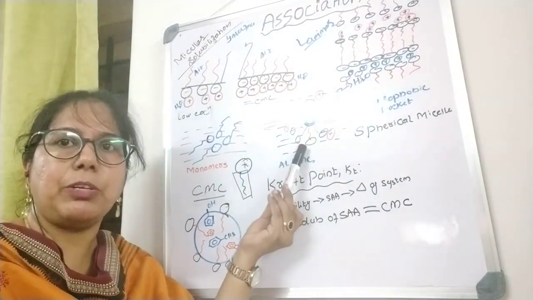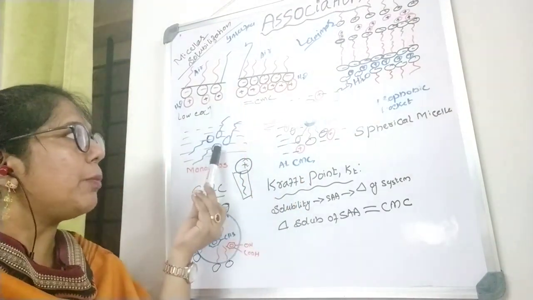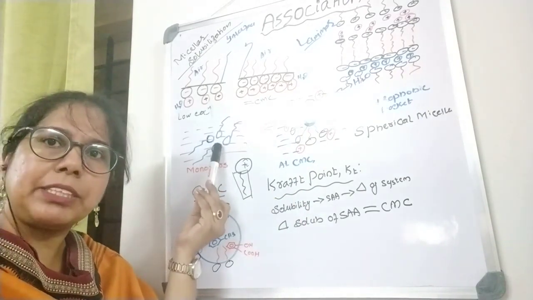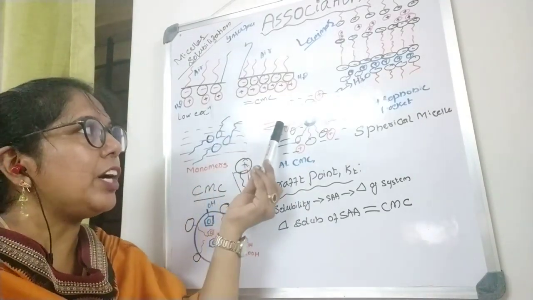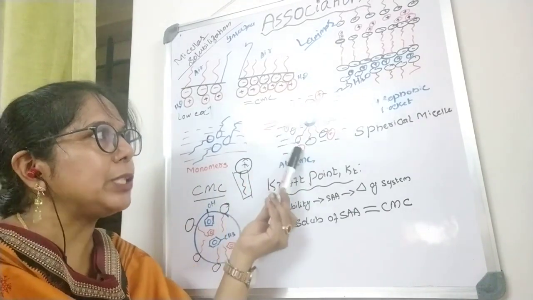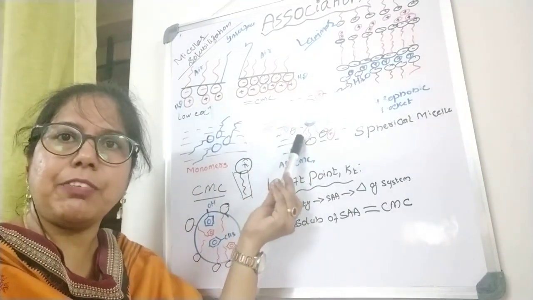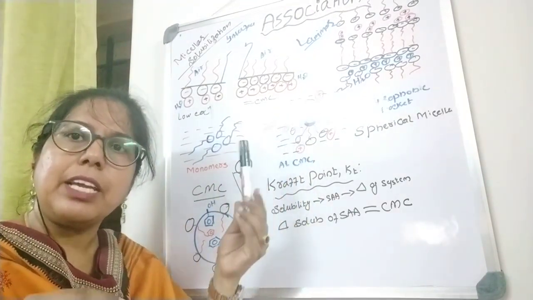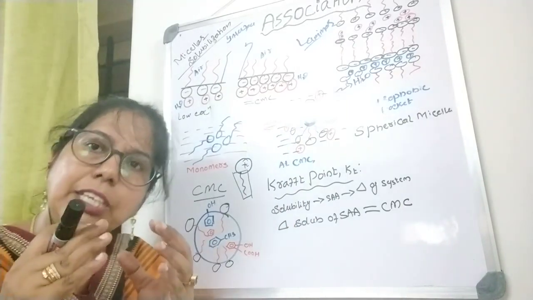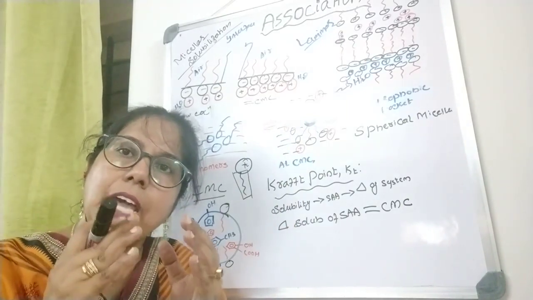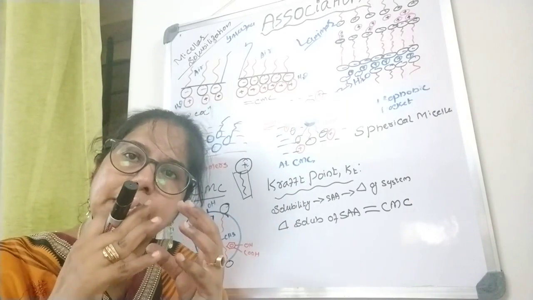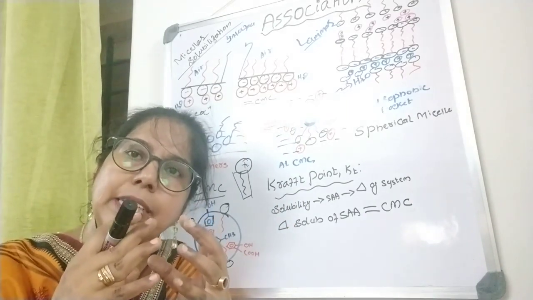In the second picture you can see the monomer gets adsorbed at the interface, and later forms an association.